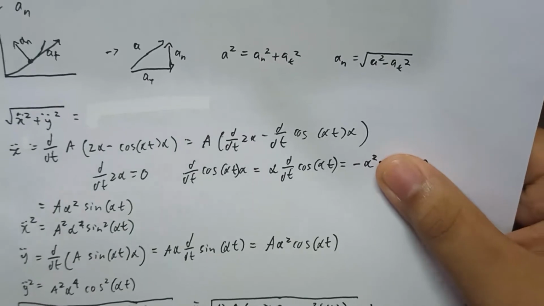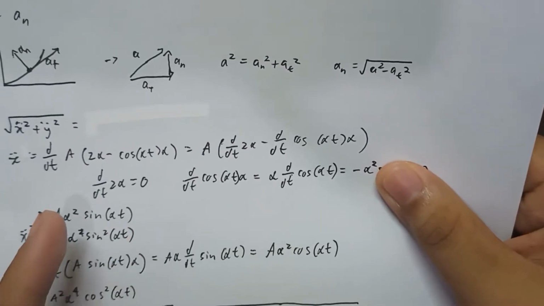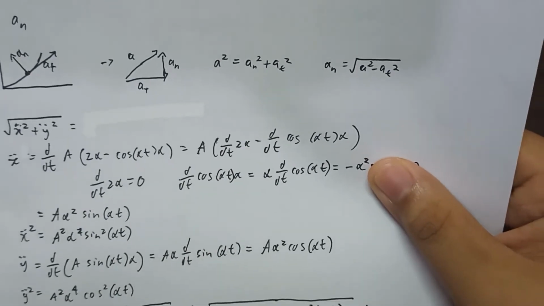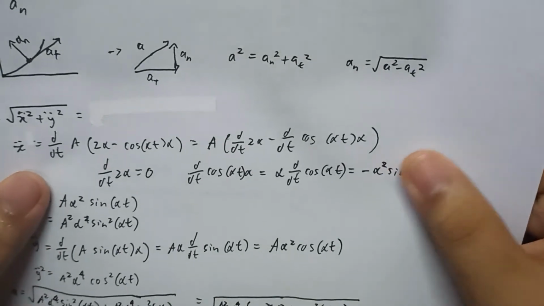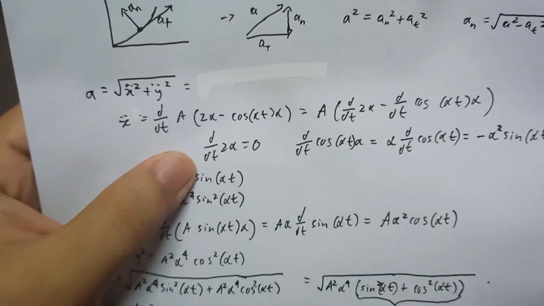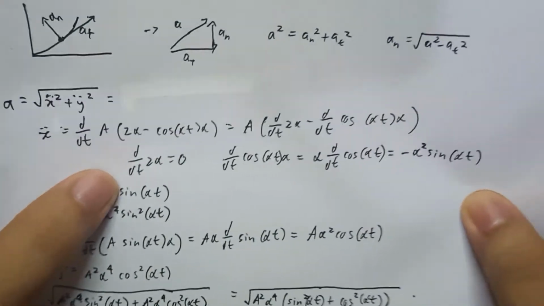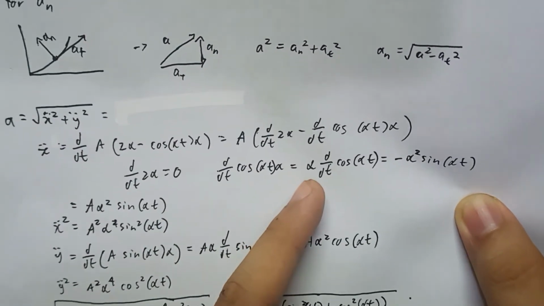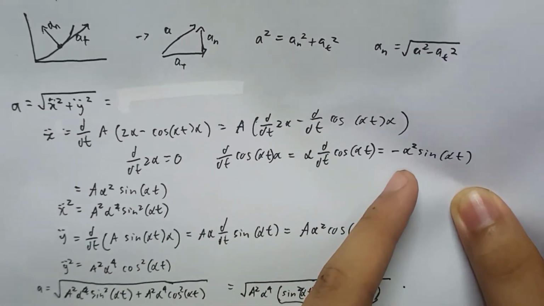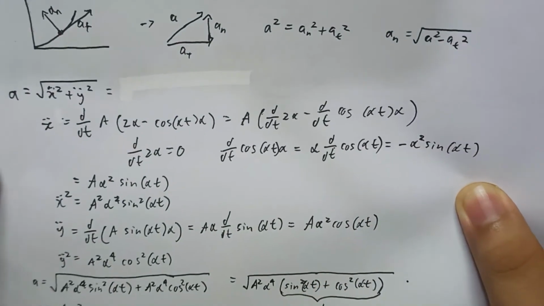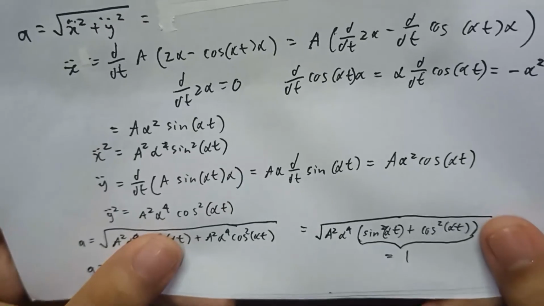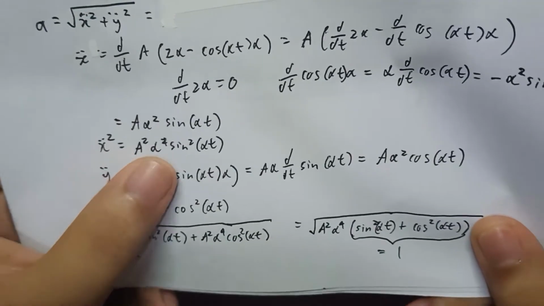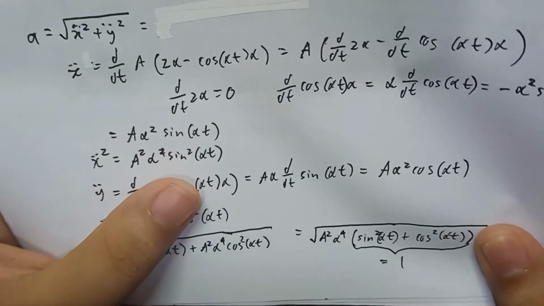We take it out, and then we distribute the derivative to 2 alpha and cosine of alpha t times alpha. The derivative of 2 alpha is equal to 0, while the derivative of cosine alpha t times alpha, we take out the constant alpha, and we have the answer of negative alpha squared sine of alpha t. We square that, we get a squared alpha raised to the fourth sine squared of alpha t.